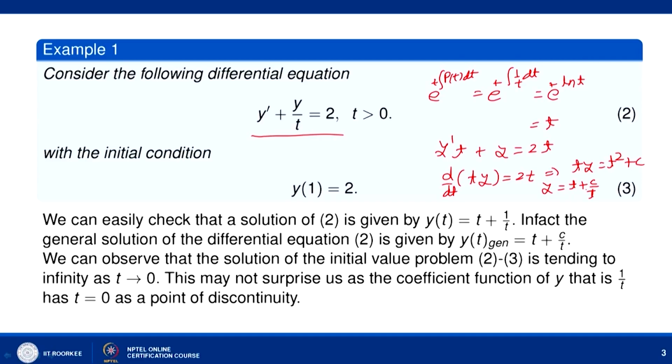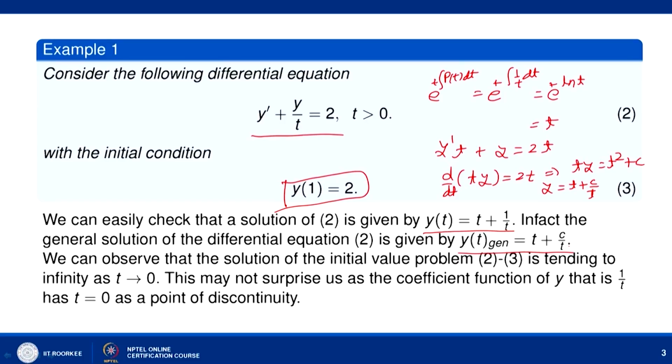Now this c is a constant which you can find using the initial condition y(1) equal to 2, and c comes out to be 1. So the solution of problem 2 along with the initial condition 3 is y(t) equal to t plus 1 by t, and the general solution of this initial value problem is t plus c by t.